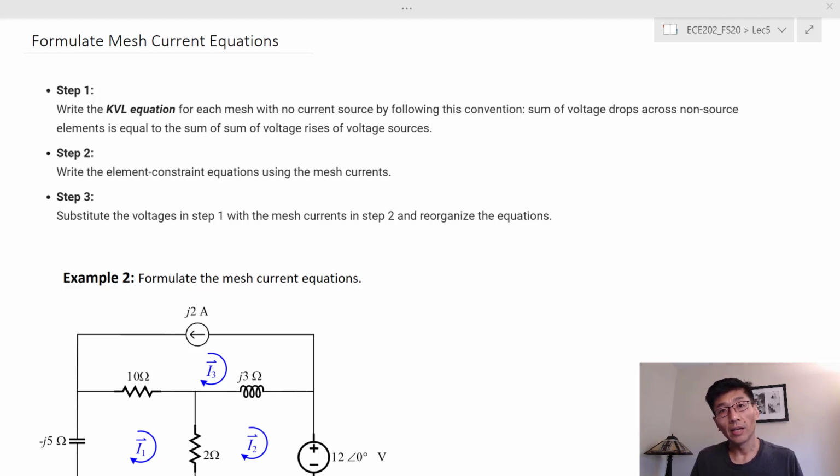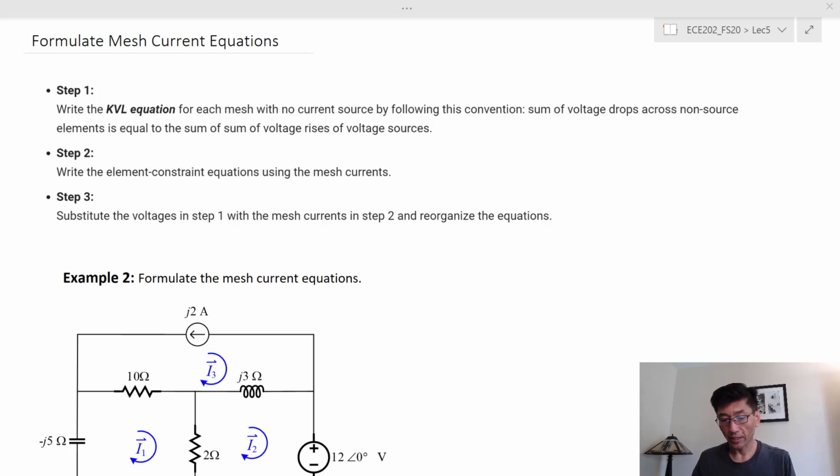First with the element currents, and we also know how the element currents are related to the mesh currents, so we can write the equation in the second step. The third step is to replace those element voltages in the first equation, the KVL equations, by the element constraints we had using the mesh currents.